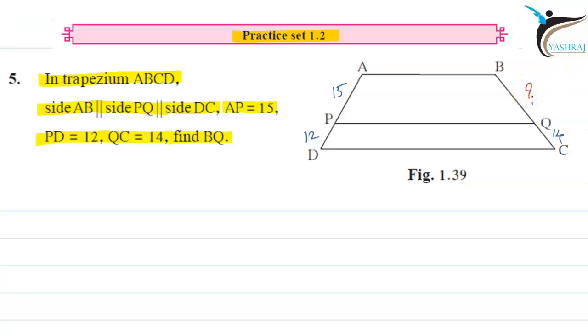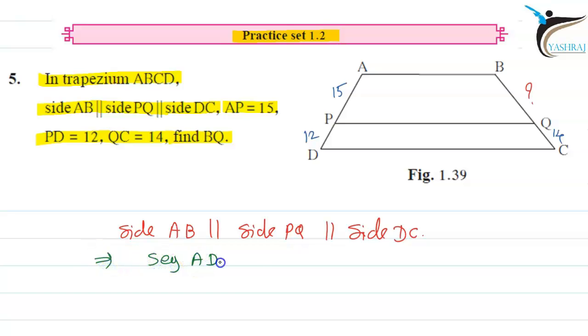So what do we have now? Once the three lines are parallel, side AB is parallel to side PQ, which is parallel to side DC or CD. So by the property of three parallel lines and their transversal, segment AD and segment BC are transversals. What is meant by a transversal?